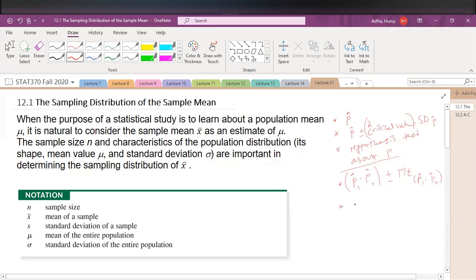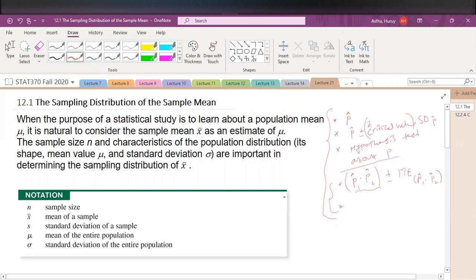And then we learned how to perform a hypothesis test about the difference of two population proportions. So this was all about population proportion, for one proportion, and then for the difference of two sample proportions. Using sample proportions, we would infer about the population proportion.